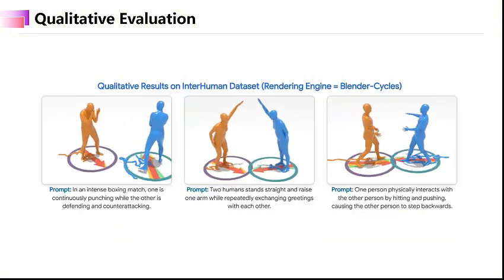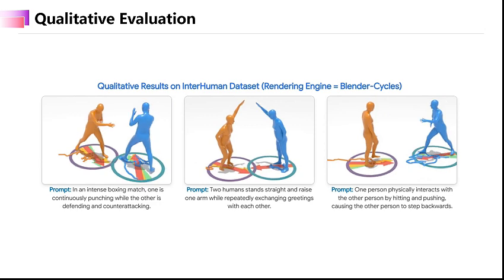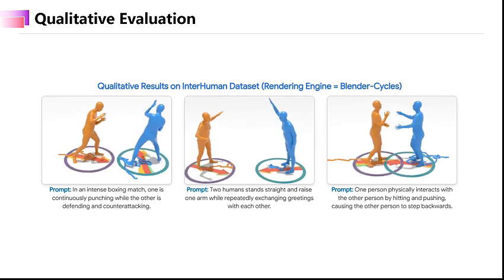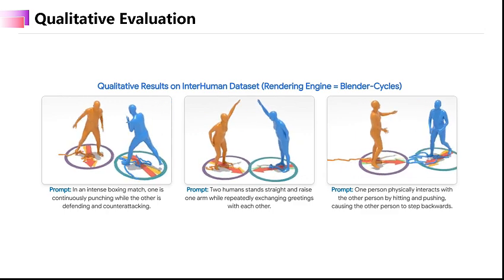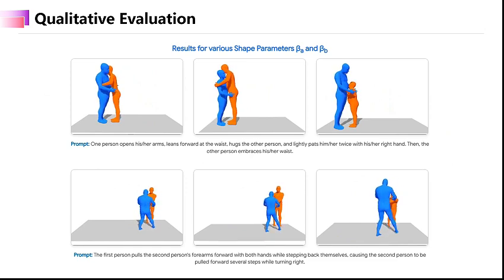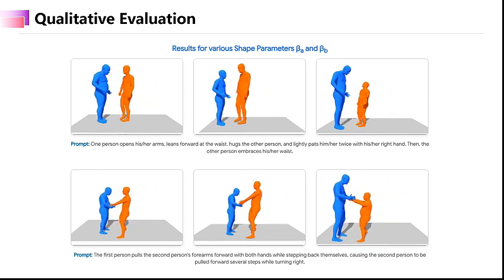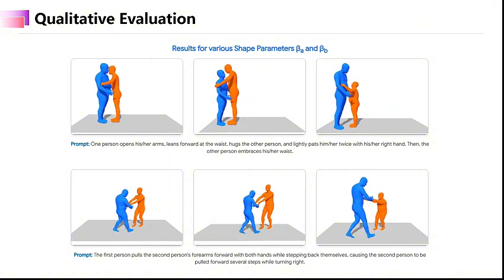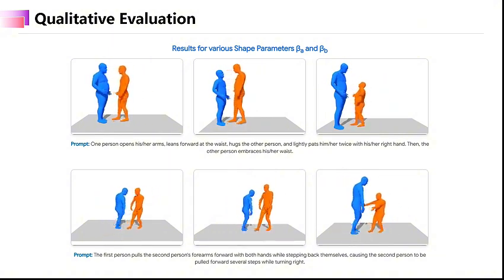Similarly, some results on the InterHuman dataset again demonstrate robust generalization across motion styles and interaction intensities. CoShMDM preserves interaction semantics while adapting motion to different body shape configurations, as shown in these examples.